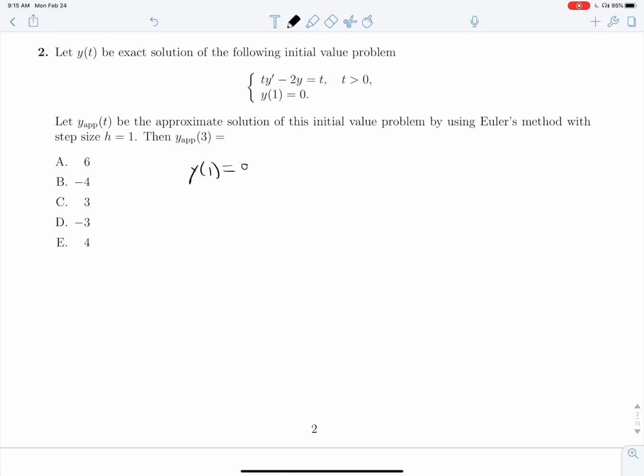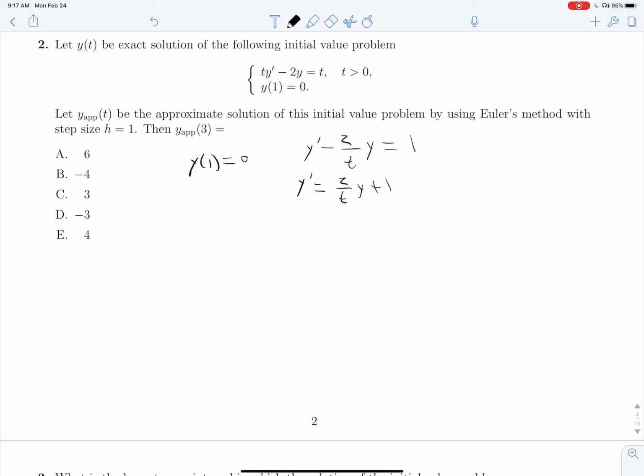We see that y prime is actually not isolated up here. So let's get that figured out. Y prime minus 2 over t, y is equal to 1. Okay, that's helpful. So we see that y prime is equal to 2 over t y plus 1.